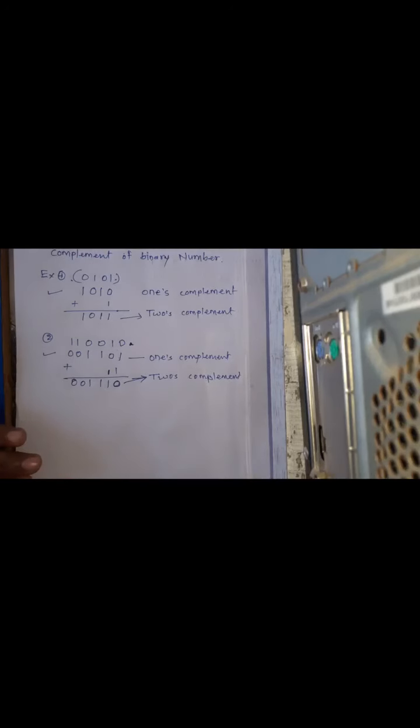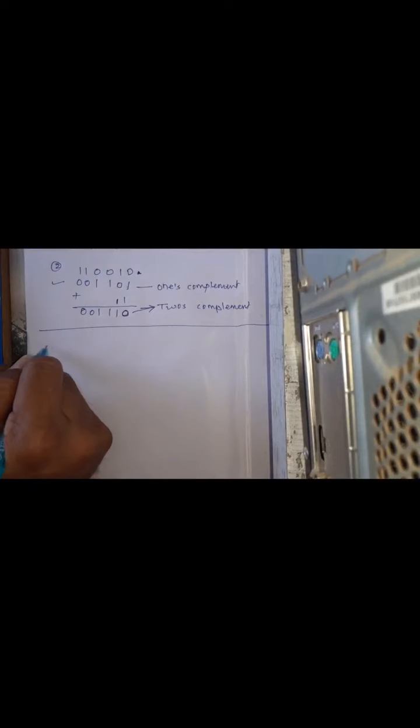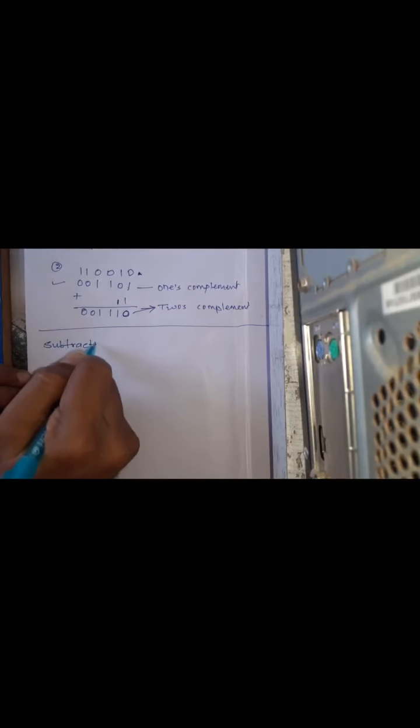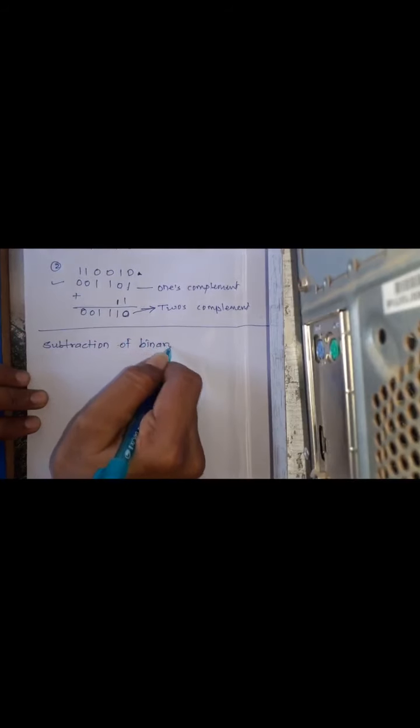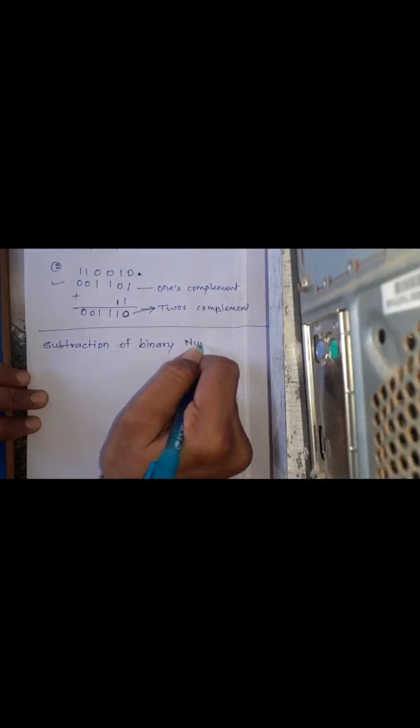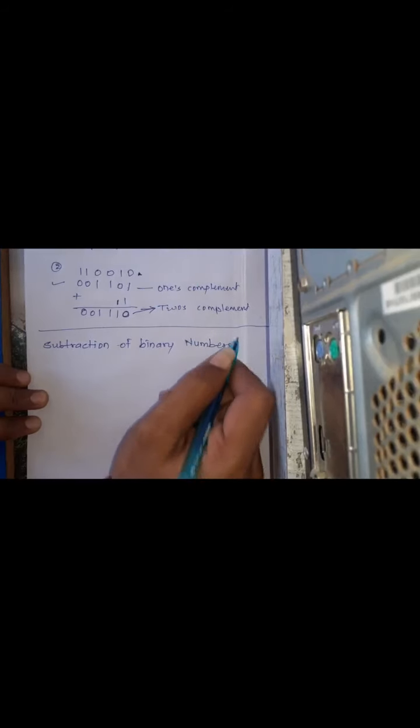Now, the next topic is subtraction of binary numbers. How can the subtraction take place in the binary number system?